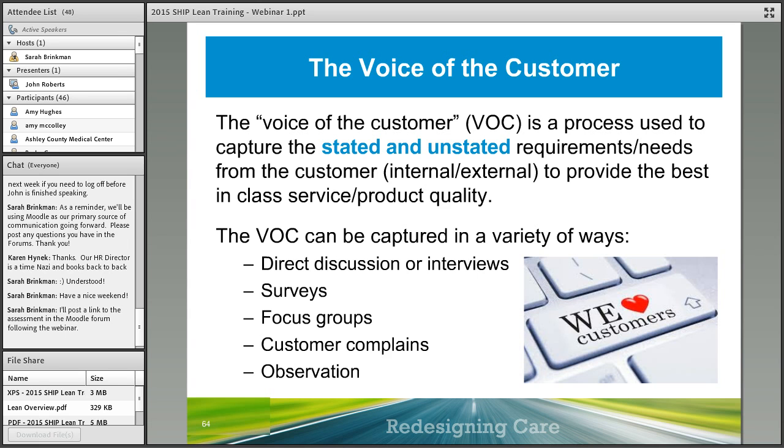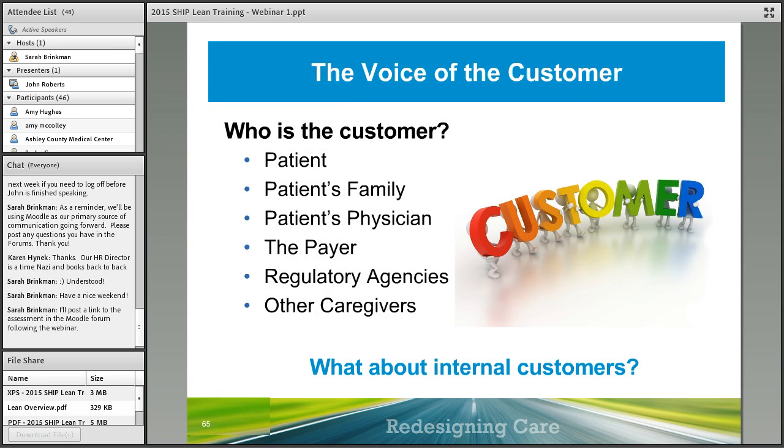So that's why the voice of the customer is very important and a great lean tool. We collect that data through either discussions or focus groups or surveys or tracking customer complaints or just actual observation of how people flow through the system in our facilities.